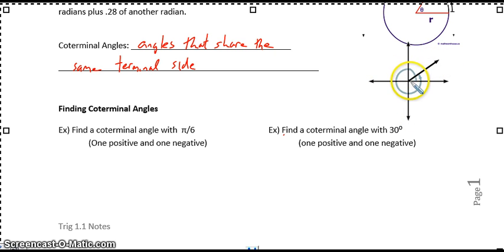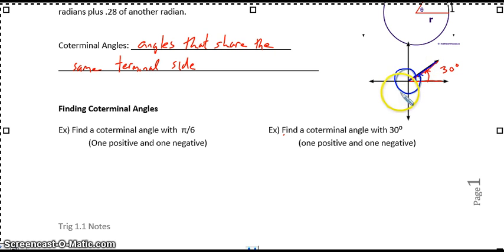You notice over here we've got an angle already drawn. Let's just take a guess and say that this is a 30-degree angle. So if I was to draw just an angle starting here from my initial side going up there, that'd be 30 degrees. Now what I could also do is choose to draw an angle that goes all the way around the unit circle once and then back up to there. We'll call that one the blue one.